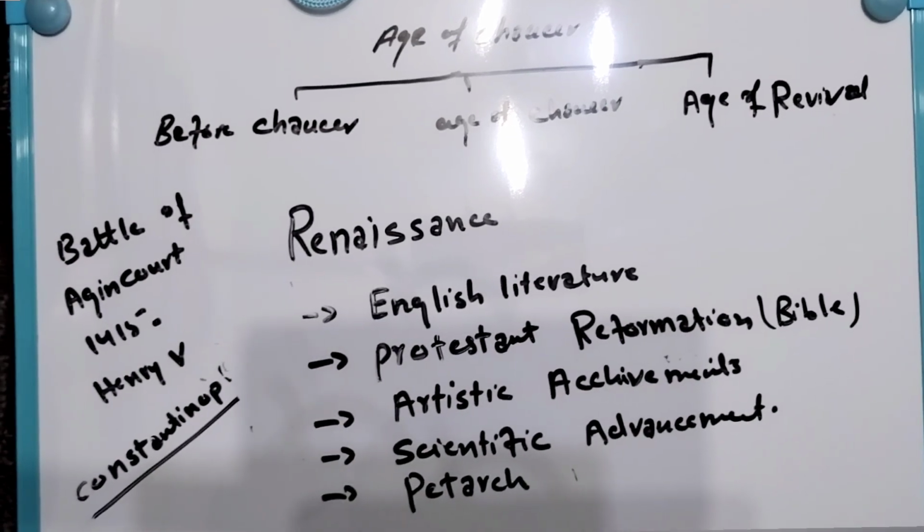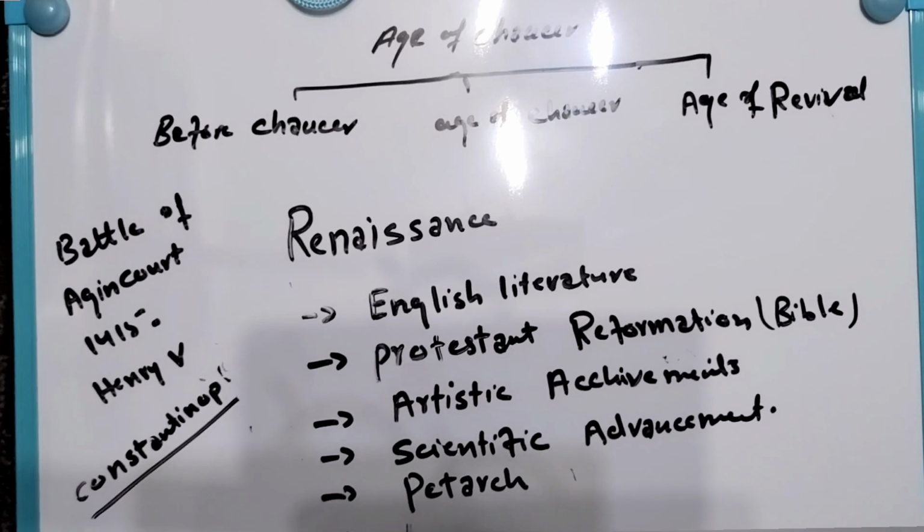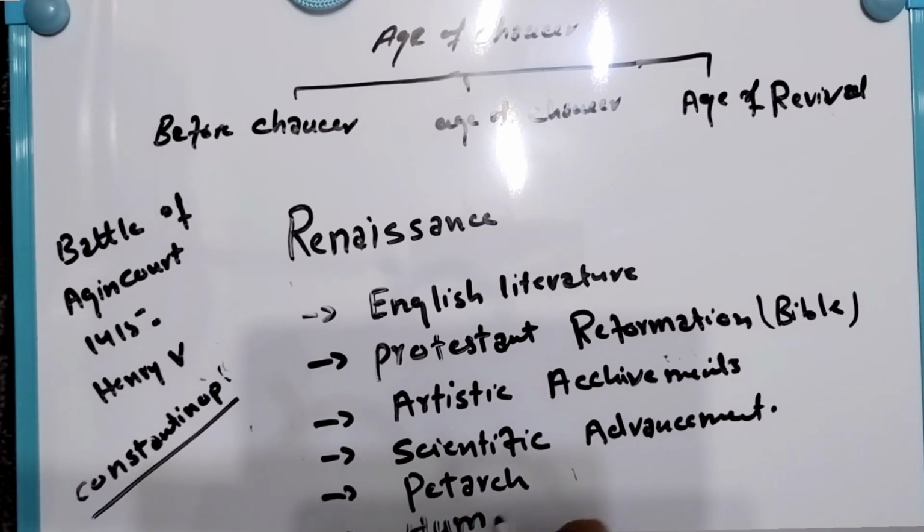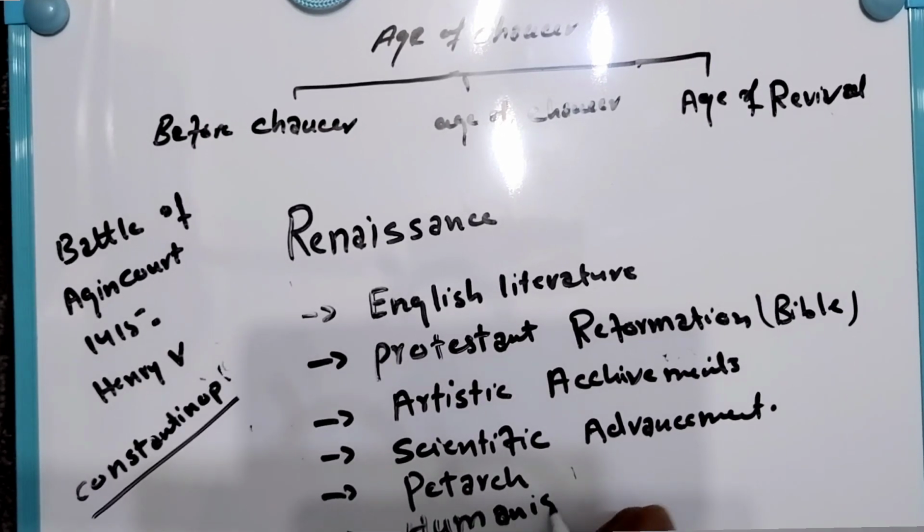Okay, humanism. I'm going to write it on the whiteboard as well. Humanism was one of the major facts of the Renaissance age. Humanism is a philosophy. You can say that people, for the first time in English history, introduced the word humanism.